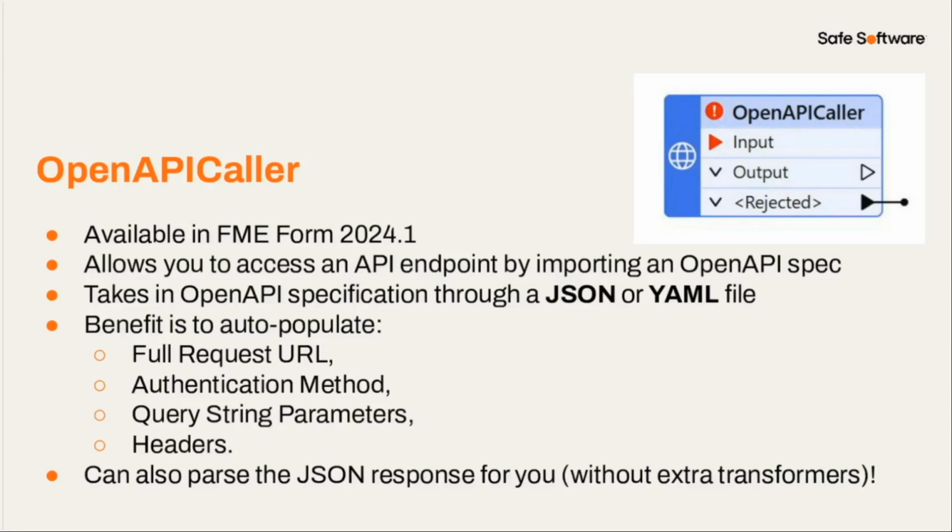It takes the specification through a JSON or YAML file, and the benefit is that it can auto-populate the full request URL, the authentication method, query string parameters, and headers. It can also parse the JSON response for you without the extra transformers. So that's really cool too. I'll show you all of that in this demo.